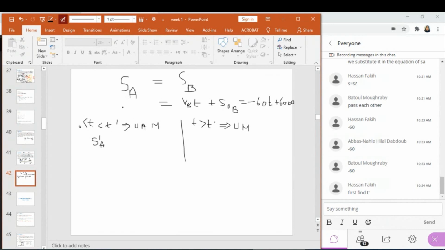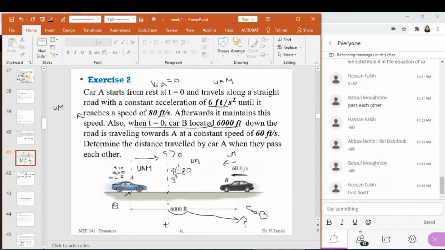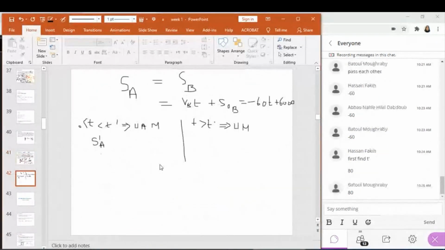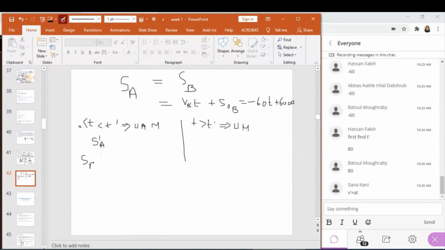First, I have to find T prime. How to find T prime? I know, guys, that at T prime, V prime is equal to 80. So I can find T prime. I can say that SA at this time interval is equal to half 80 squared, A is equal to 3 here, plus V0 T plus S0, so it is plus 0, because V0 is equal to 0, it's starting from left, and S0 is equal to 0.